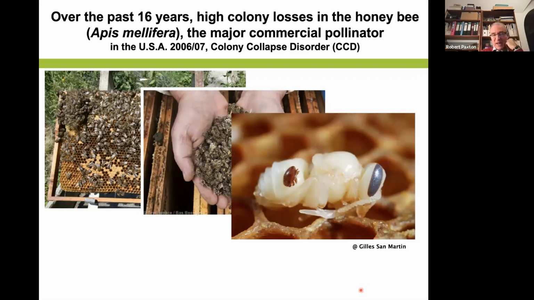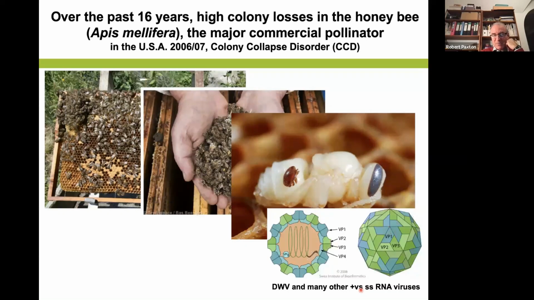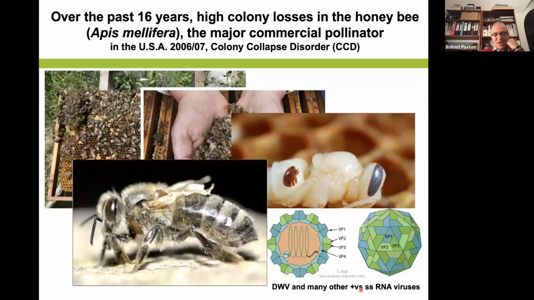We think that varroa mites are the major cause of that, and the reason for the death is that varroa mites transmit virus, in particular deformed wing virus, which leads to crippled wings and, as we've shown in other research, rapidly causes the death of the infected bee.